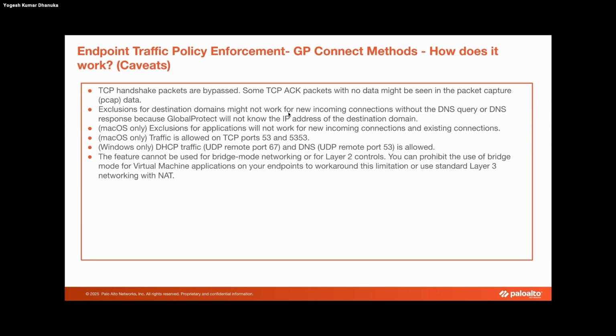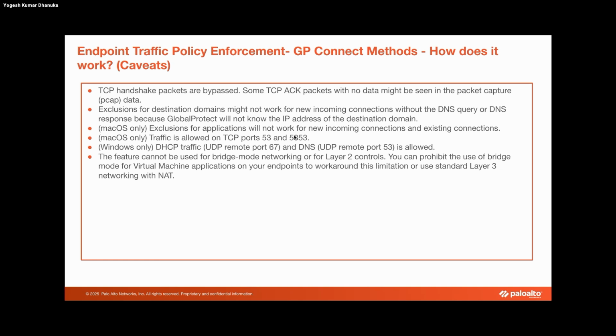That traffic can still be blocked, because the GP doesn't know the IP address from a DNS request, because the DNS request did not occur when the GP was connected. So what will happen is, once the cache expires and the user again tries to access that URL, and the FQDN to IP resolution comes into the picture, the GP knows that IP, and then it dynamically allows that for split tunnel as well as endpoint traffic policy enforcement.